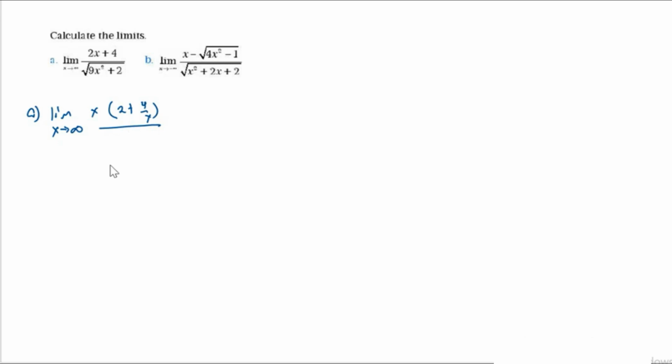On the denominator, since it is the square root of 9x squared plus 2, we are going to divide also by the square root of 9x squared. So the square root of 9x squared divided by 9x squared is equal to 1, plus 2 divided by 9x squared, so we have 2 over 9x squared.